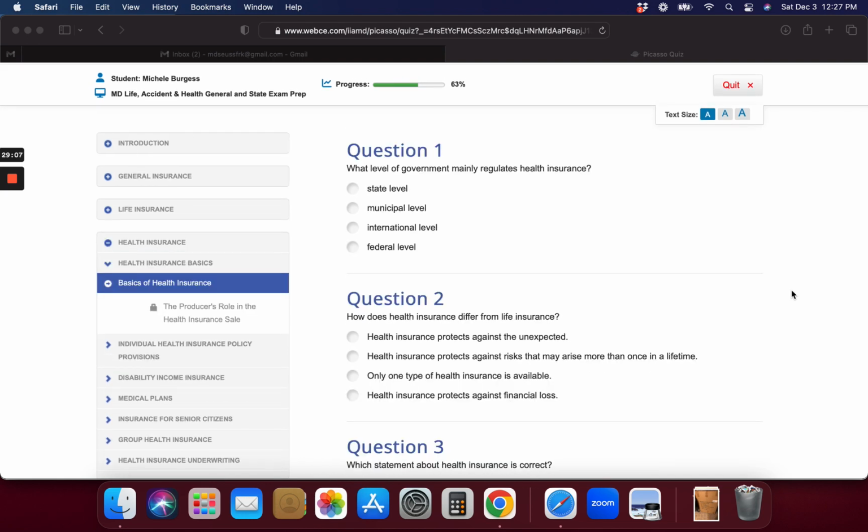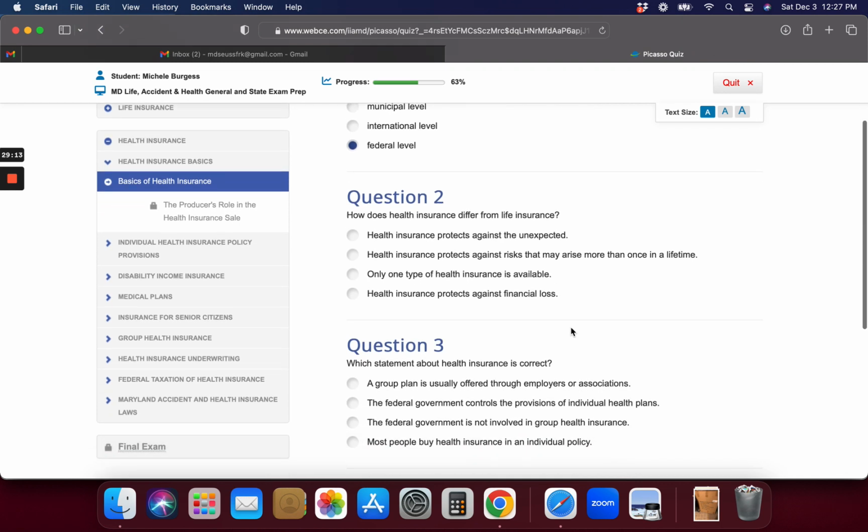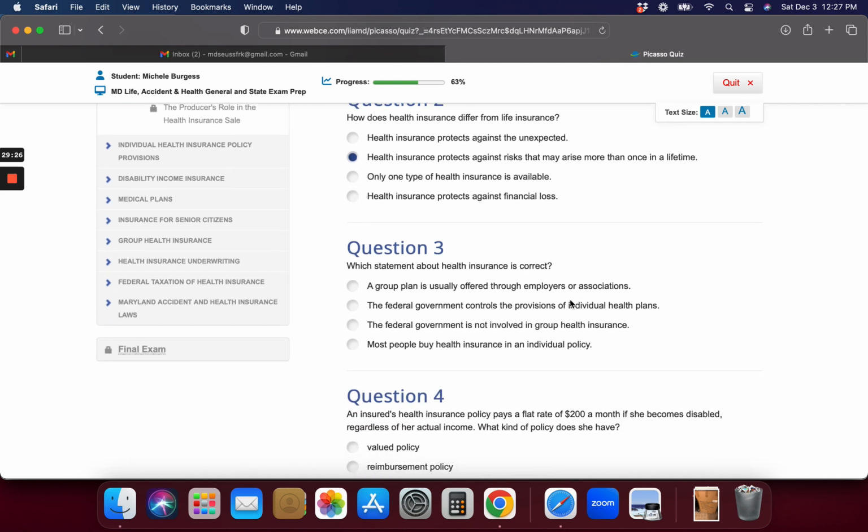All right, what level of government mainly regulates health insurance? Federal, I do believe. How does health insurance differ from life insurance? Against risk more than once in a lifetime. Which statement about health insurance is correct?